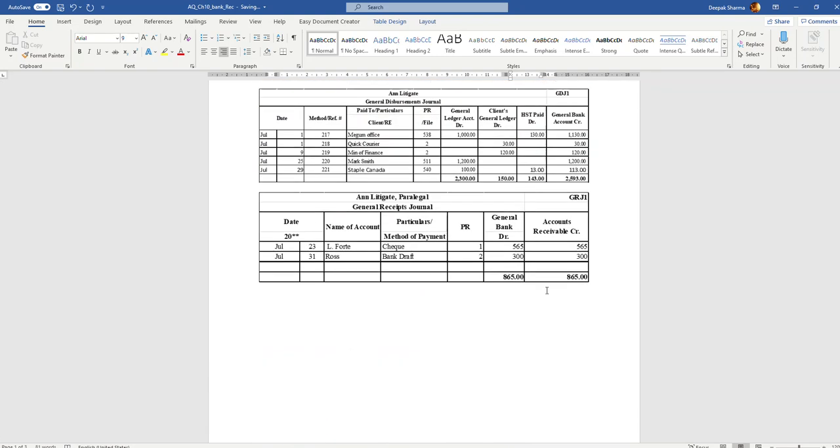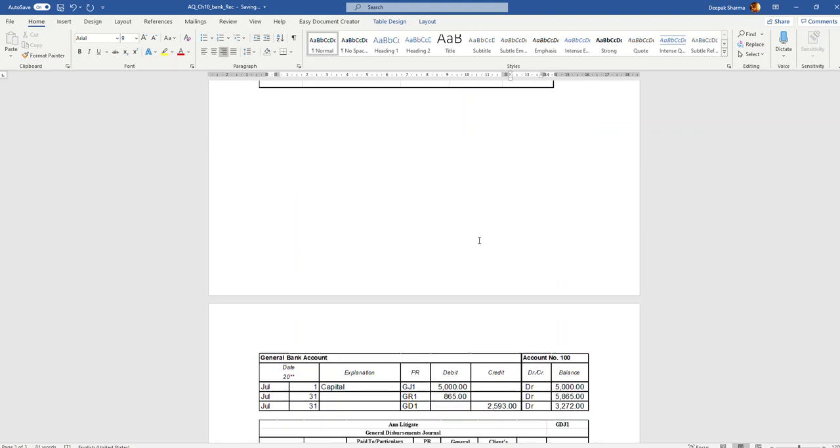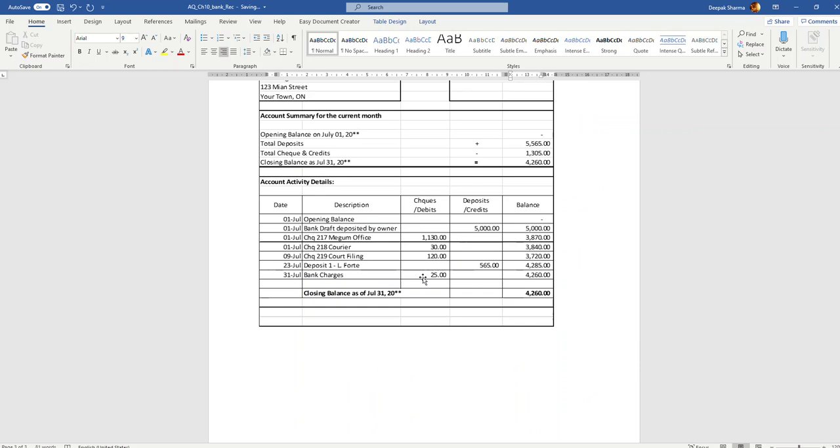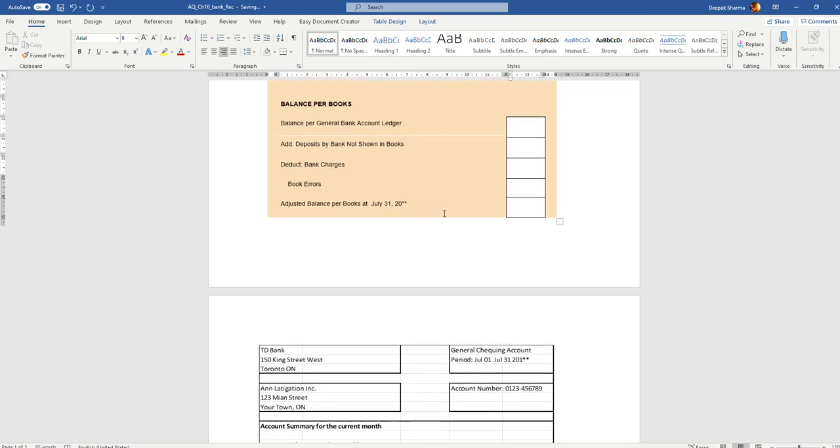Then I look at the next check I have, $113, check number 221 to Staples. And I don't see that one here. So I'm going to put that here as well, check number 221, issued to Staples, and the amount is 113.